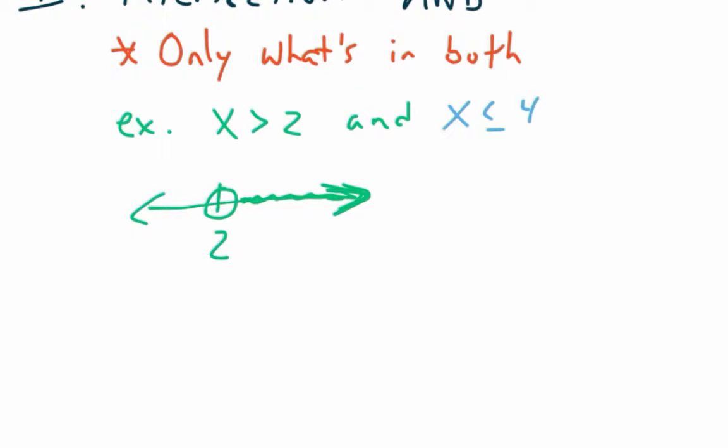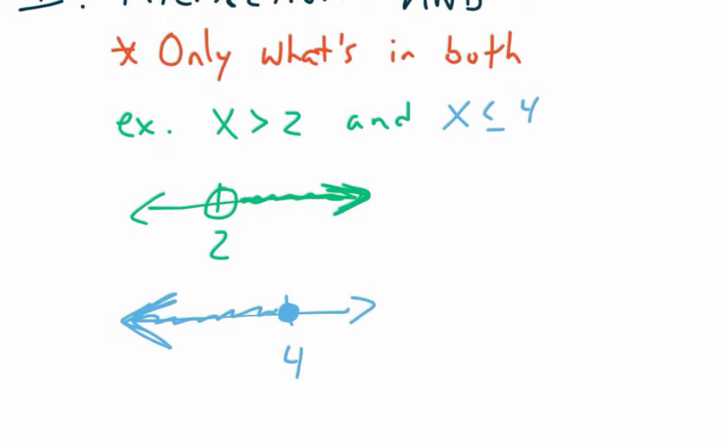All right, the next one. x is less than or equal to 4. Now we have our 4. Open circle or closed circle? Closed circle, and we shade to the left. So we have our two different solutions. Note my big shaded arrows. Try to get you in that habit.